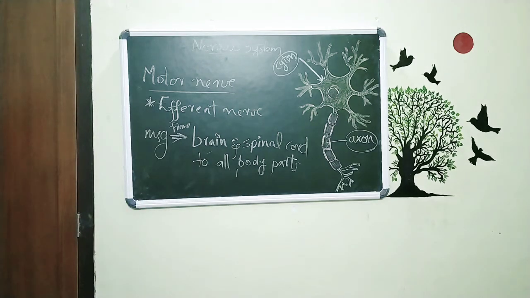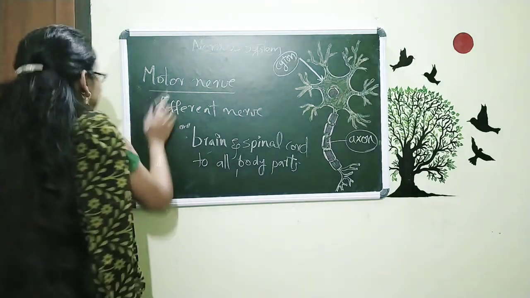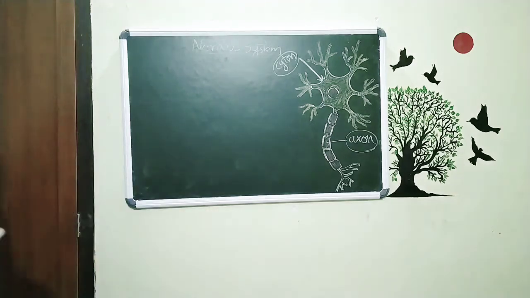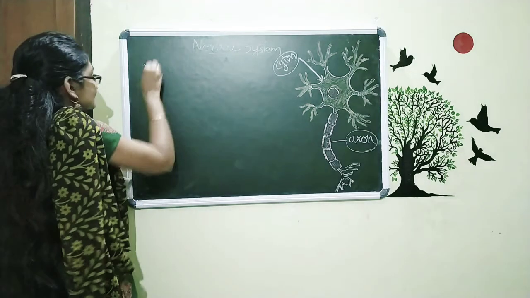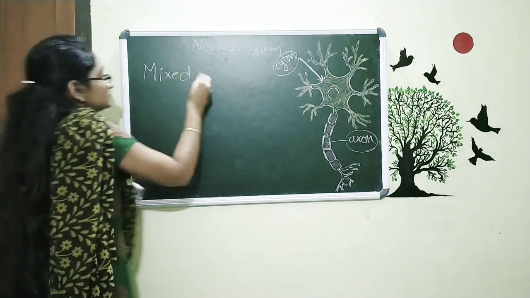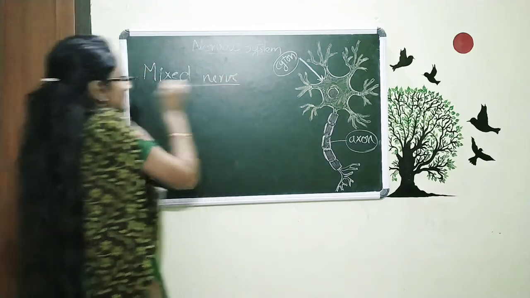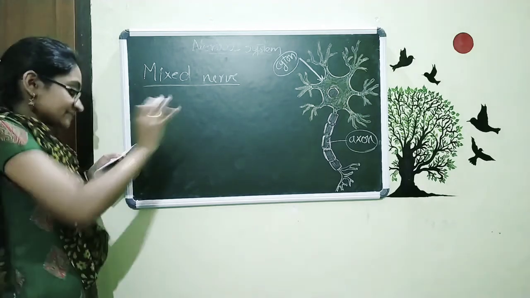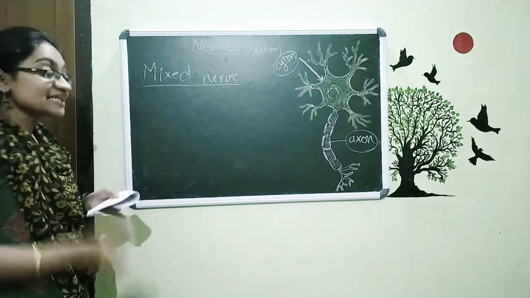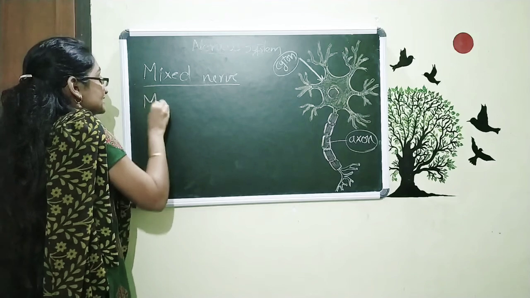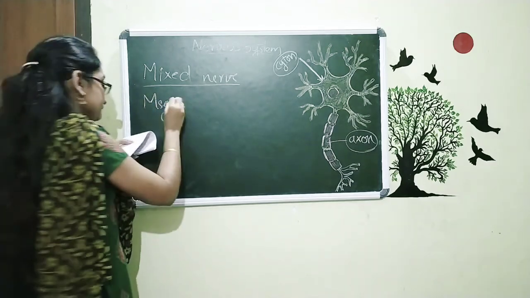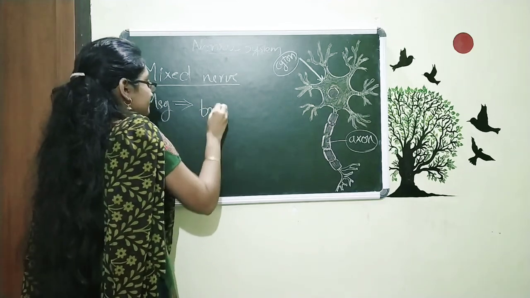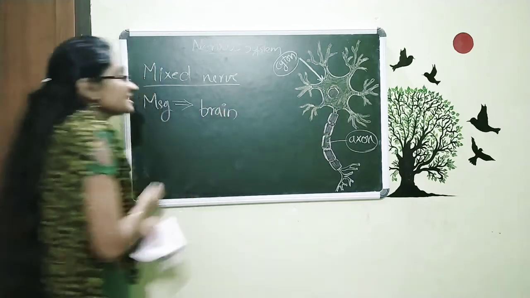Now we want to study about the third type and it is mixed nerve. In the mixed nerve it carries message from brain.